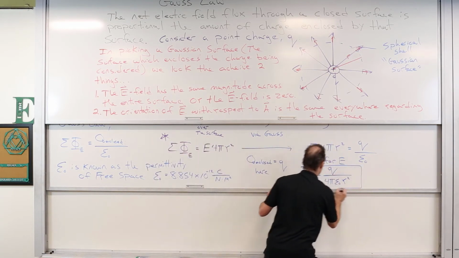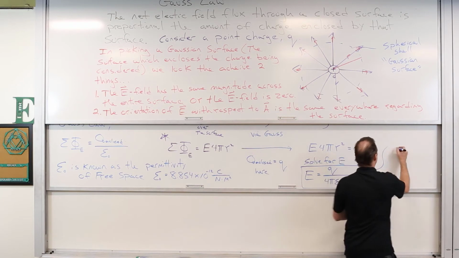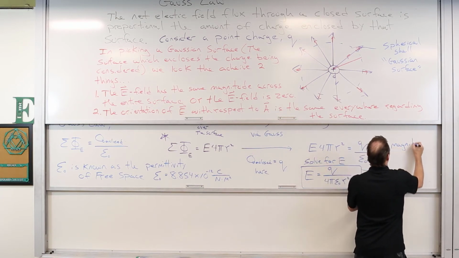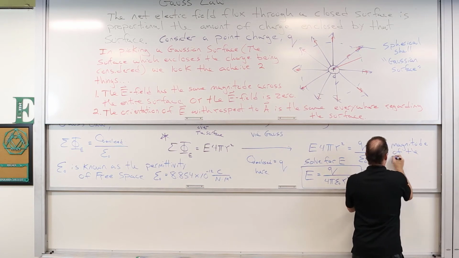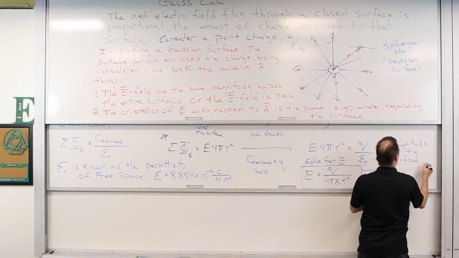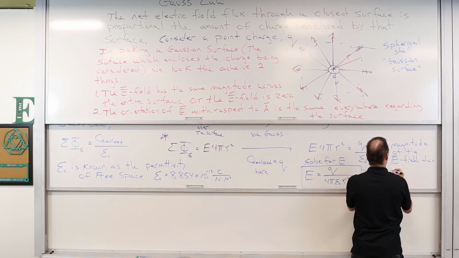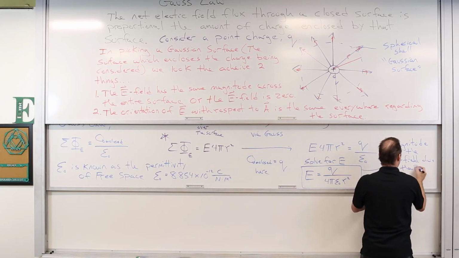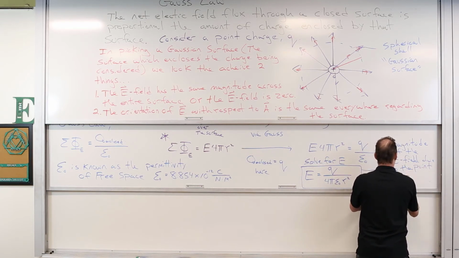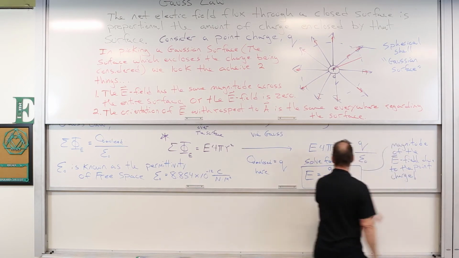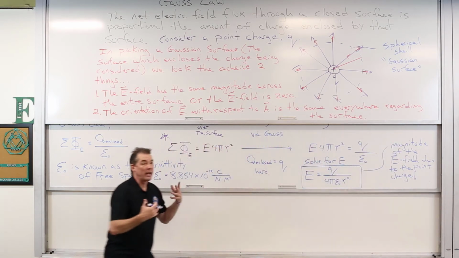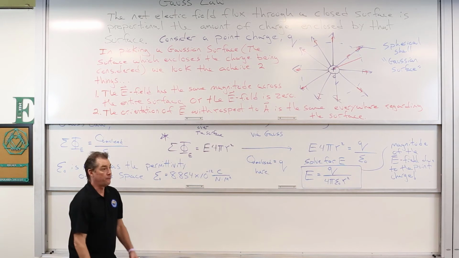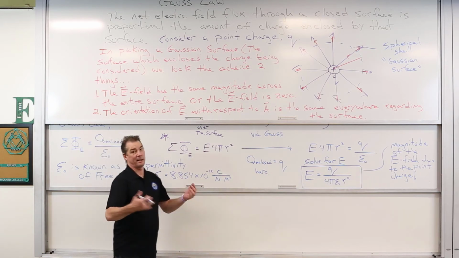What is this? That is the magnitude of the electric field due to the point charge. This is what Gauss's law is good for. It's good for determining the magnitude of the electric field.